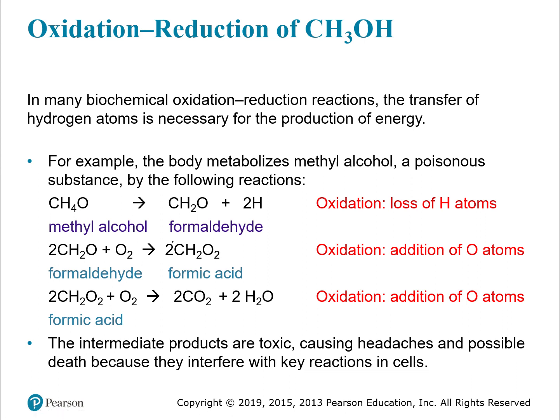So you're making formaldehyde and formic acid before you finally make carbon dioxide and water. Formaldehyde and formic acid are toxic to you. They'll cause headaches. They interfere with reactions. Bad, bad news. So please don't try it.